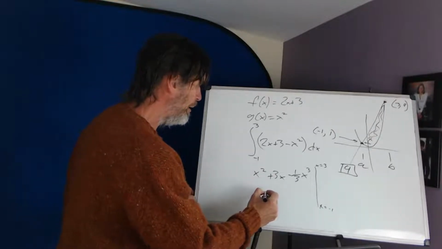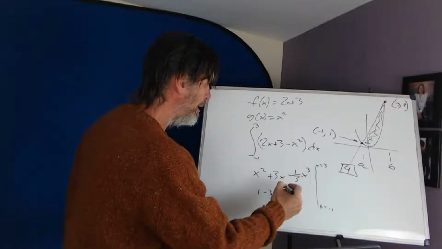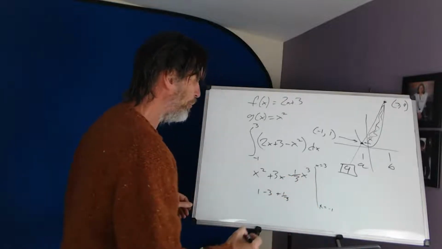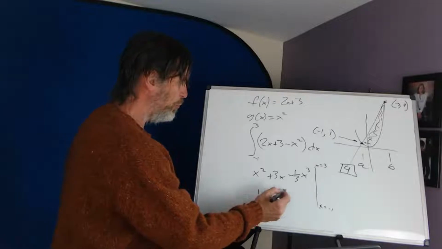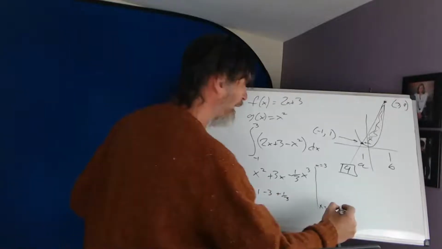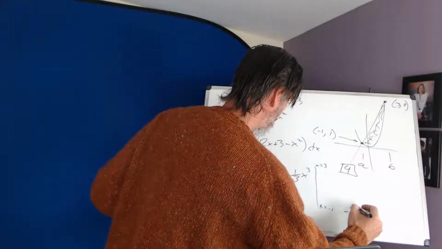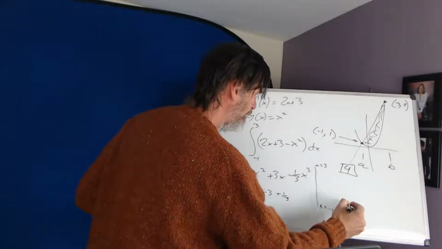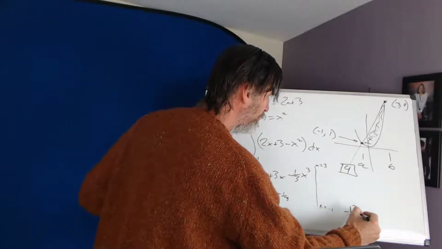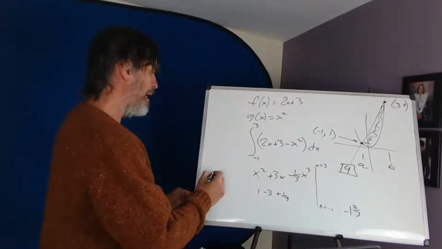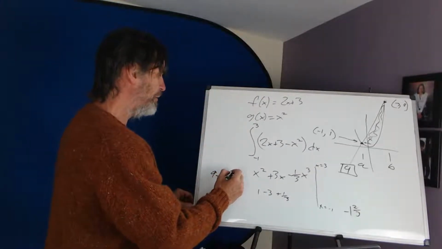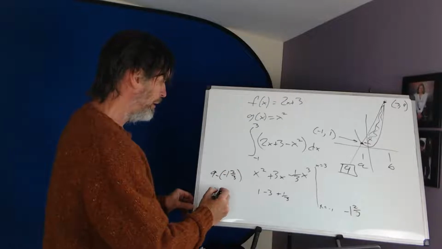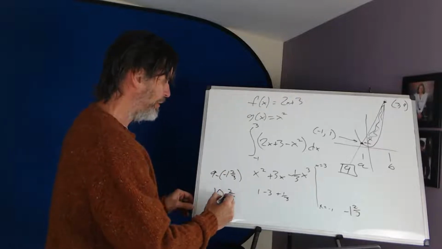I'll get a 1 minus 3 plus 1/3. So that's 1 1/3 minus 3. No, it's minus 1 2/3. So let's say 9 minus -1 2/3. That's 10 2/3.